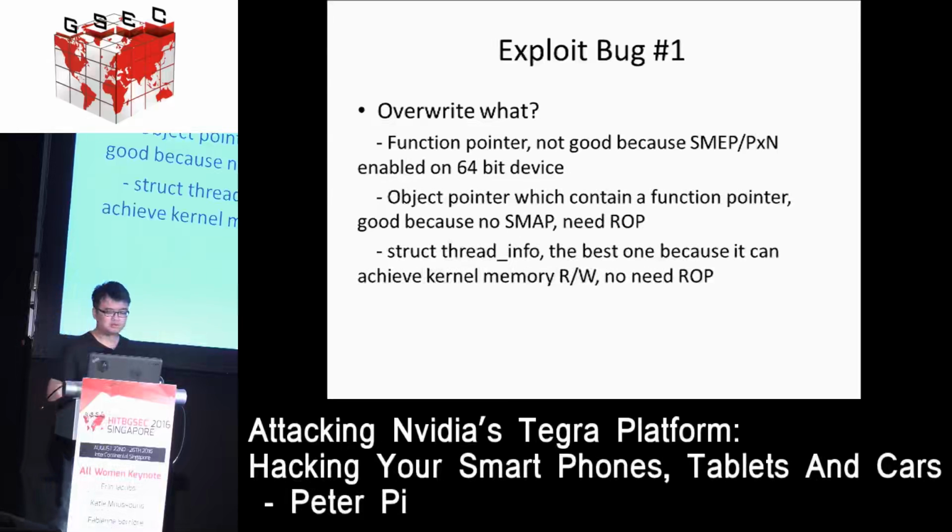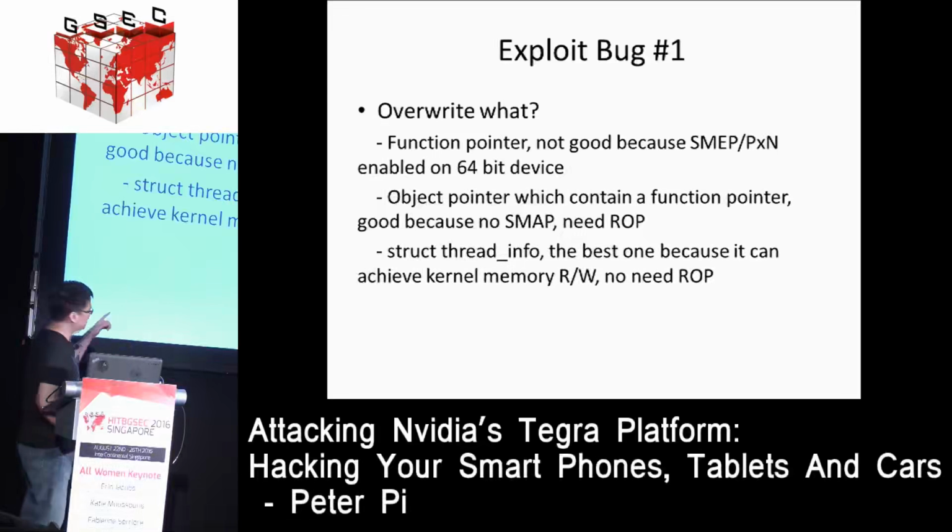The last choice is the struct thread_info. This is the best one because we know there is an address limit field in the struct thread_info. If the address limit is a very big value, it means that user space can access kernel memory.